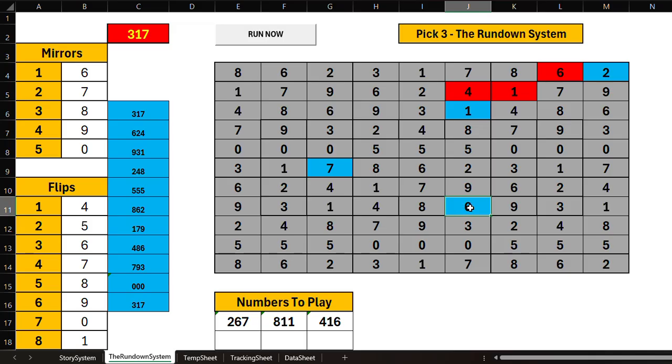So the 6 itself is 4, 1, and then the 6 going up this way, because now it came from the 5 to the 6. 5, 6, 7. See, 5, 6, 7. And here's the 8.